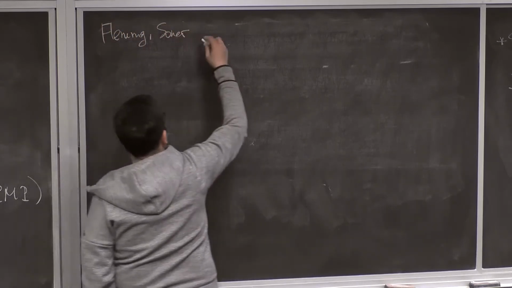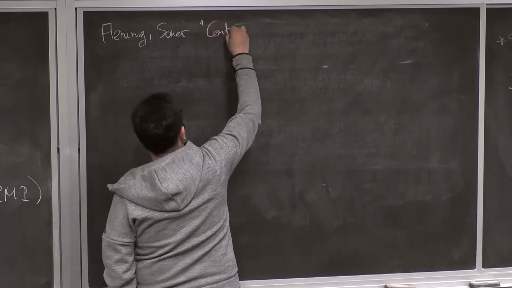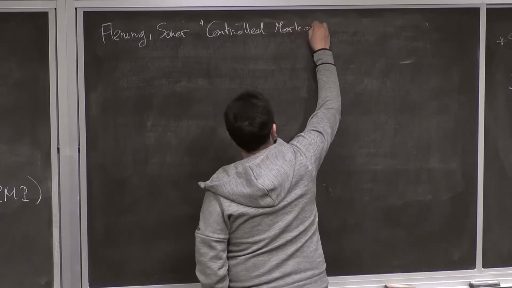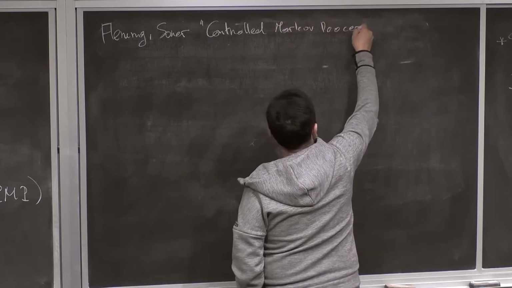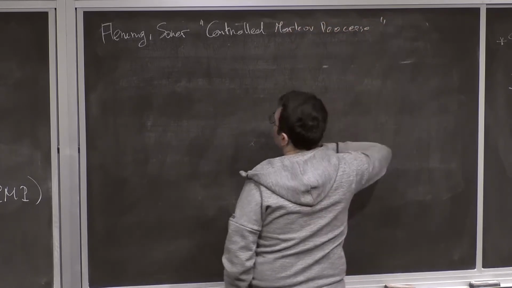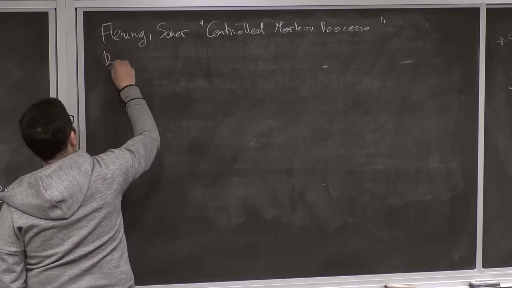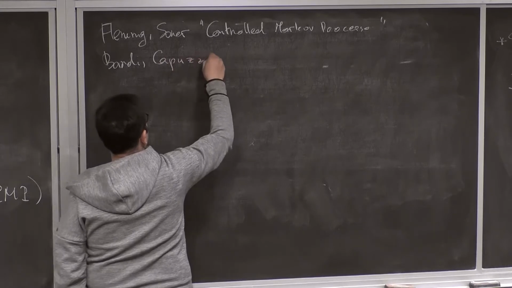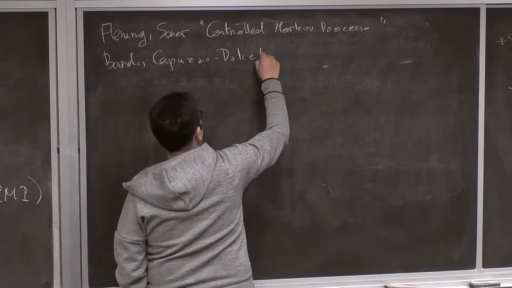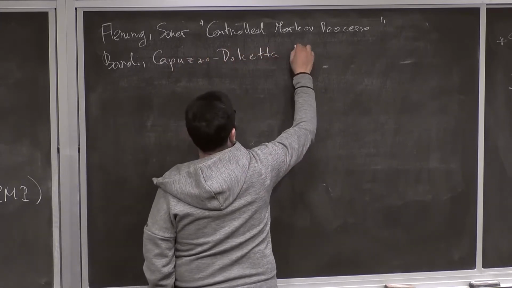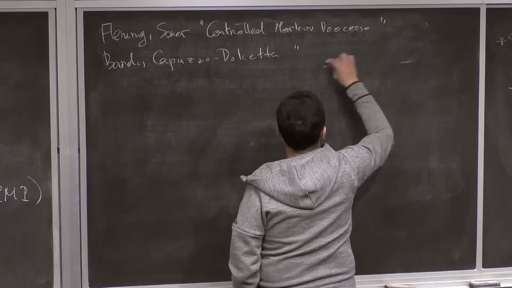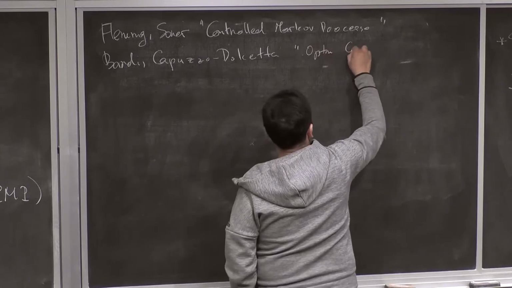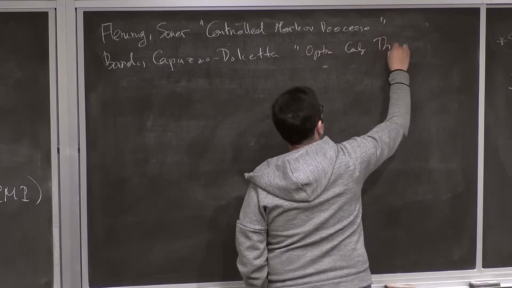Fleming-Soner, I think it's called Controlled Markov Processes. I think there is Bardi. I don't remember the name of this book, Viscosity Solutions and Optimal Control Theory, something like that.